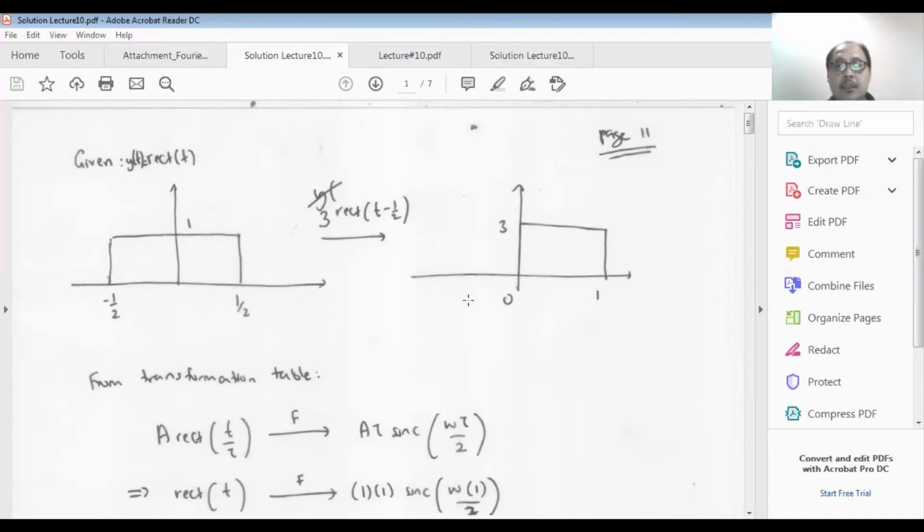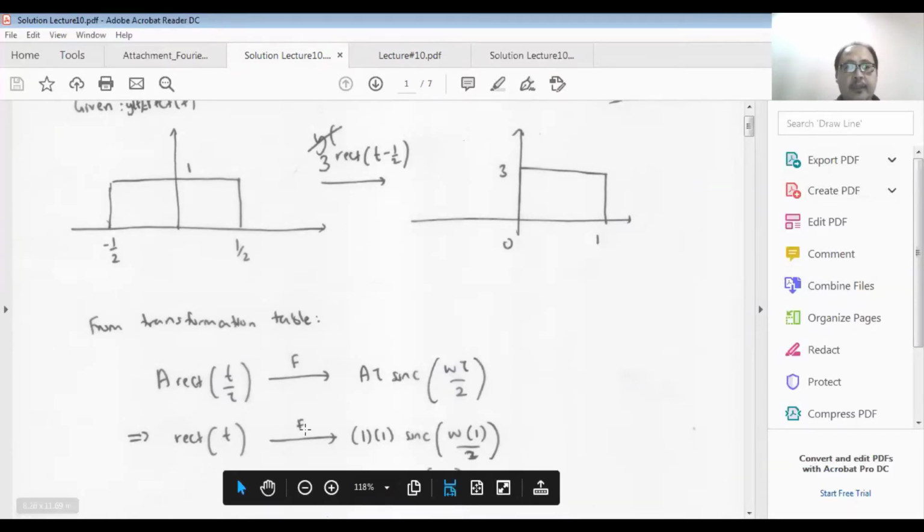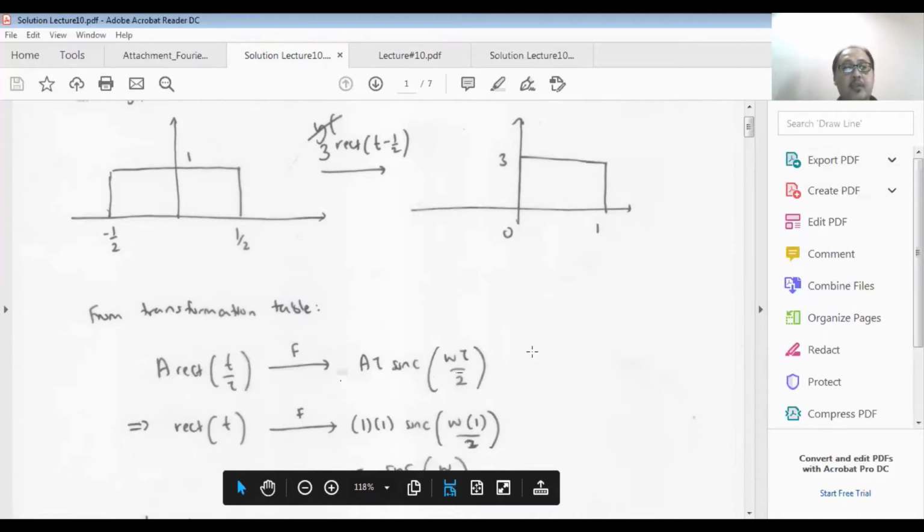We can refer to the transformation table again. Please refer to rectangular signals, where we have the signal equation A rect(t over tau). If this is the signal, the respective transform will be given by A tau sinc of omega tau divided by 2.